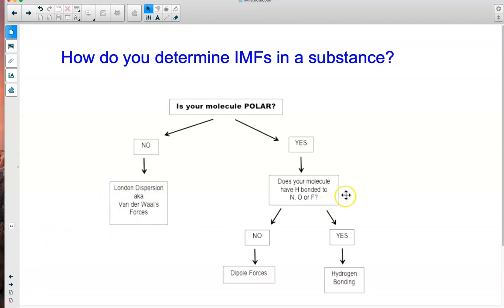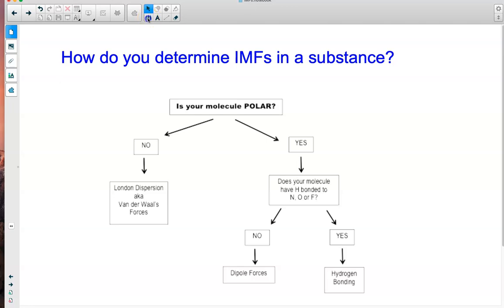If your molecule is polar, then you have two choices. If the molecule has hydrogen bonded to nitrogen, oxygen, or fluorine, then you have hydrogen bonding. If the molecule doesn't have hydrogen bonded to oxygen, nitrogen, or fluorine, you just have dipole forces. And really, these are listed in increasing order of strength.